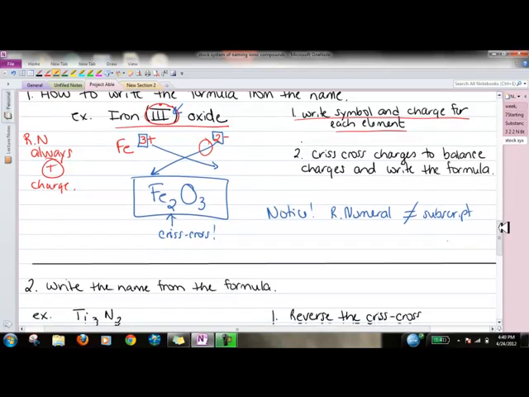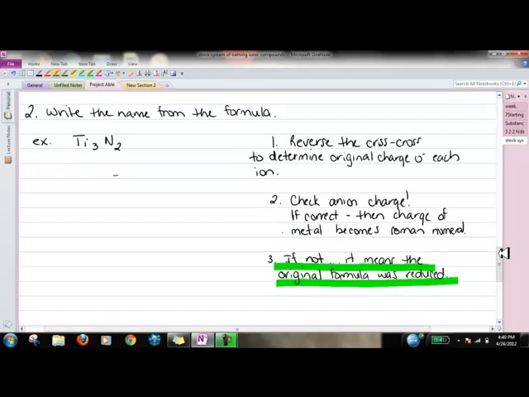The second part of this is going to be writing the name from the formula. This is a little bit more tricky. What it's going to take is reversing the crisscross to determine the original charge of each ion. So if we started with this 3, bring that up there, and that would have originally been a 3- because the second element is always the anion. On the other side, you have the 2. That now becomes the plus.